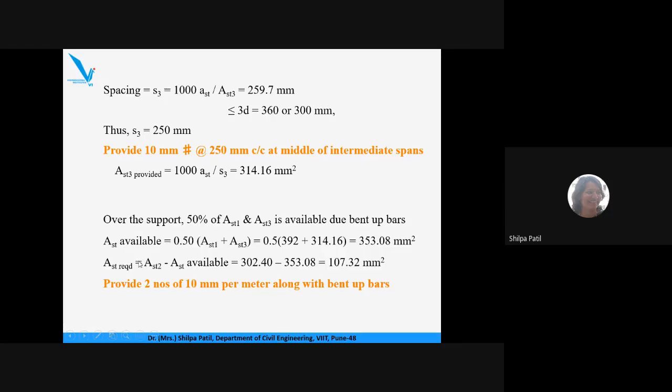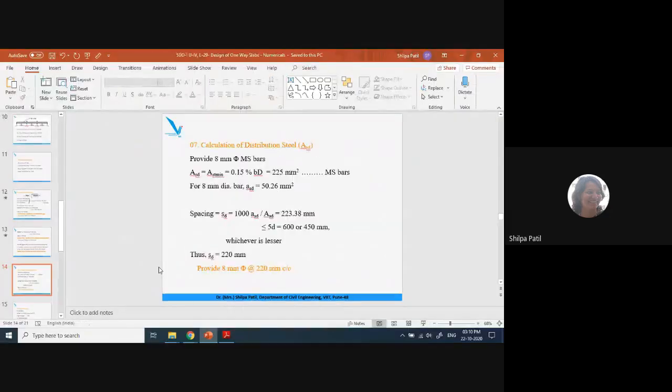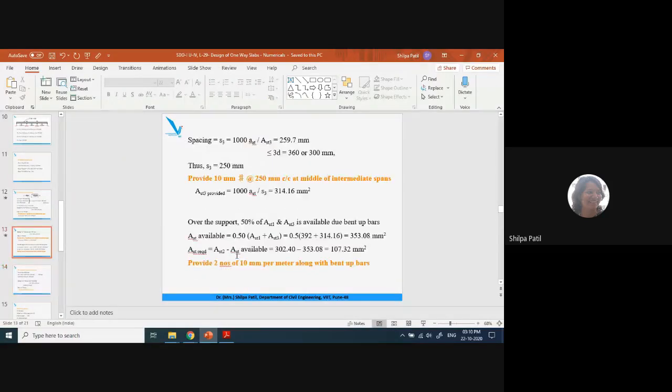For that we calculate AST2 minus AST available. So 302.40 minus 353. Now this calculation is wrong. This should be AST4. Wait. Okay, AST2 or AST4. This value must be 402, not 460.